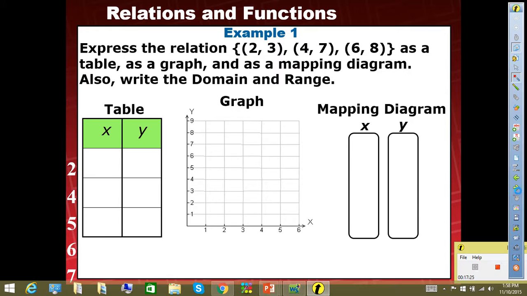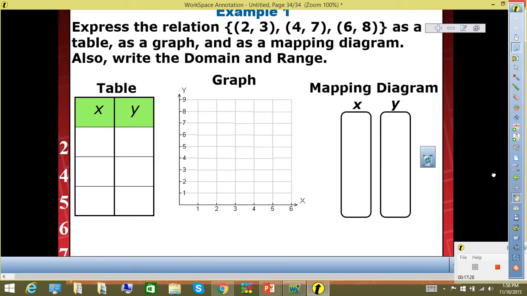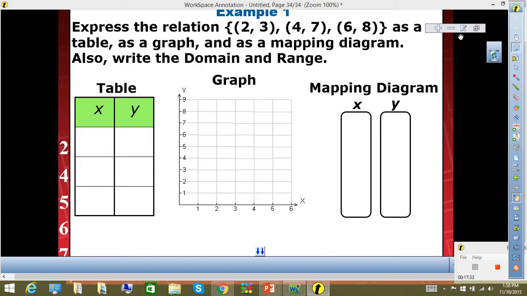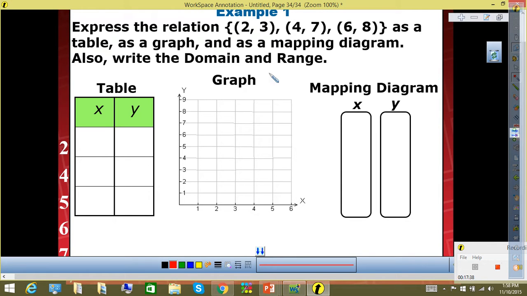All right, as you're finishing copying that, let me get started right away. So check this out. They're asking us to express this relation as a table, graph, and mapping diagram. So let me show you how to do that, because that's how the homework's going to be tonight. So watch. First thing that I need to do, out of these coordinates, I'm going to label my x values. So what is my x value here? 2, 4, and 6. From there, I'm going to label my y values. 3, 7, and 8.